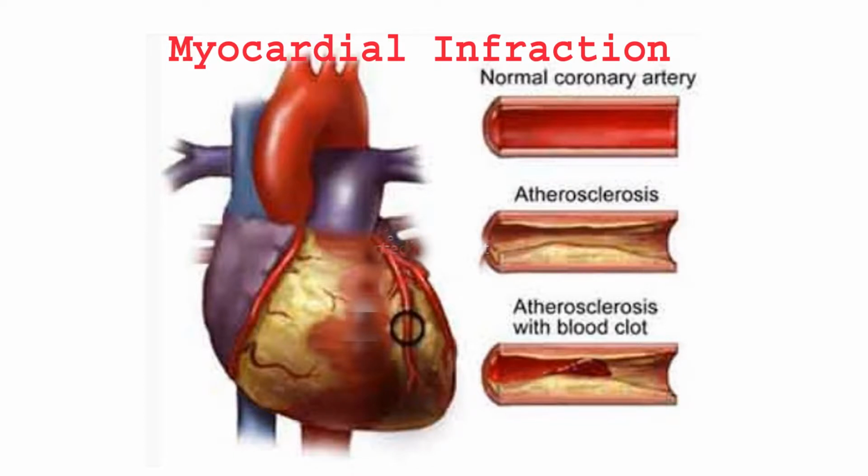So here's a normal coronary artery. Now, the coronary arteries, folks, are just the arteries on the outside of the heart. The heart is a muscle. The heart needs oxygen from red blood cells, water, nutrients, and all that stuff that the blood carries.